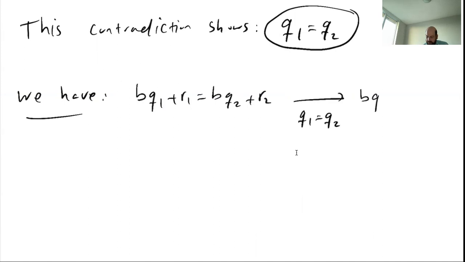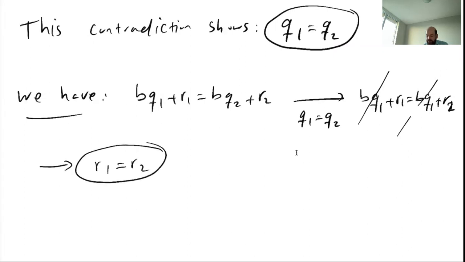So that means BQ1 plus R1 equals BQ1 plus R2. This BQ1 cancels from both sides, and I get R1 equals R2. So I showed that Q1 equals Q2 and R1 equals R2, which proves the uniqueness.